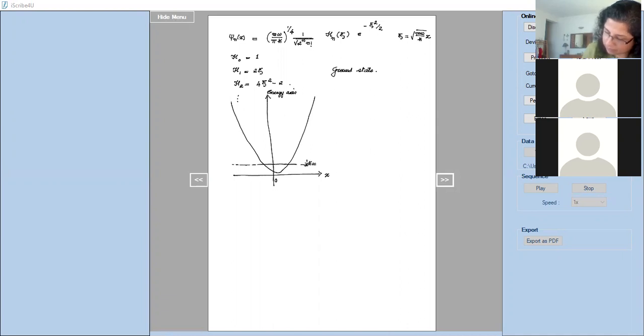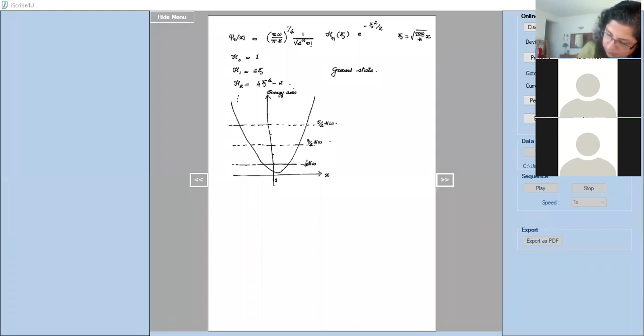This is going to be your first excited state, at 3 by 2 h cross omega. And then you have your next excited state, at 5 by 2 h cross omega.